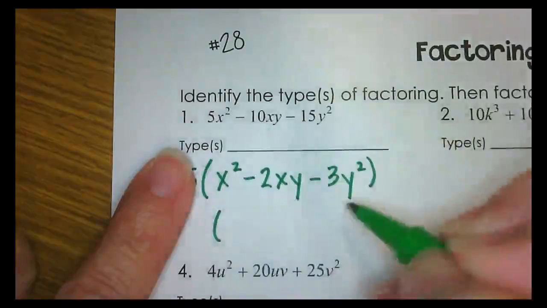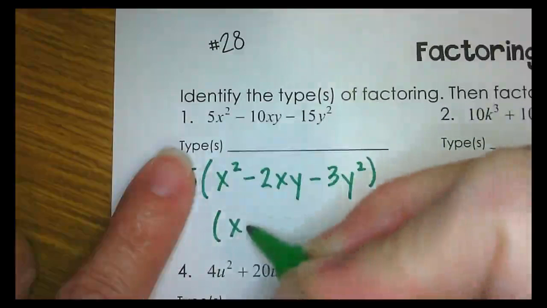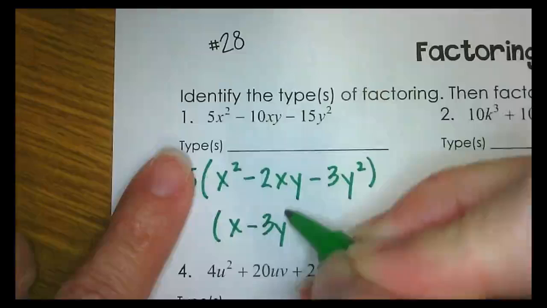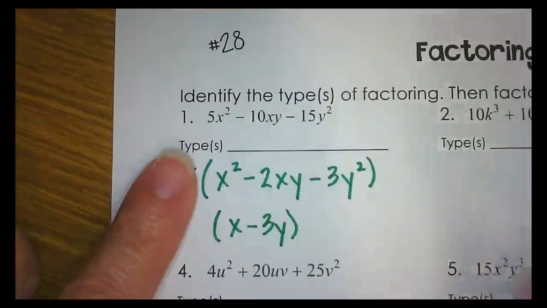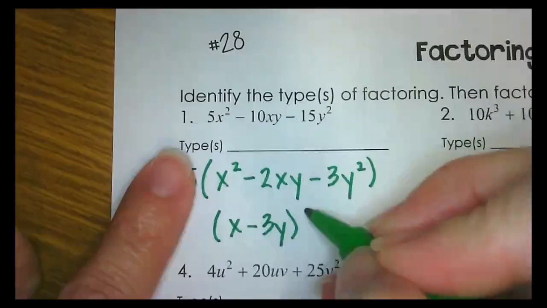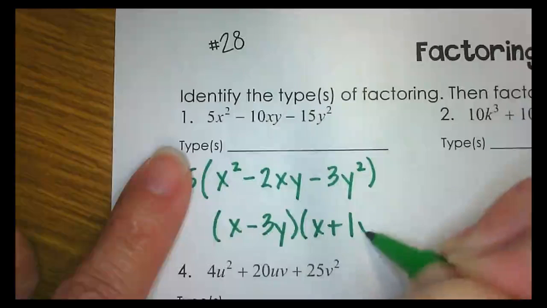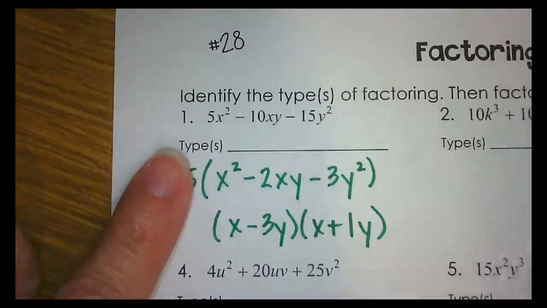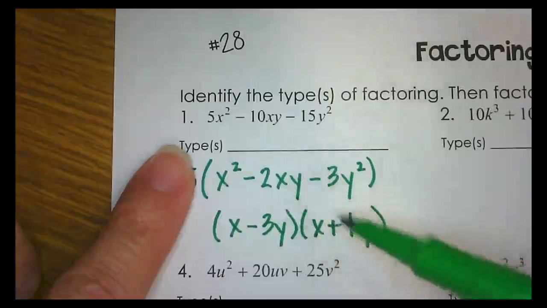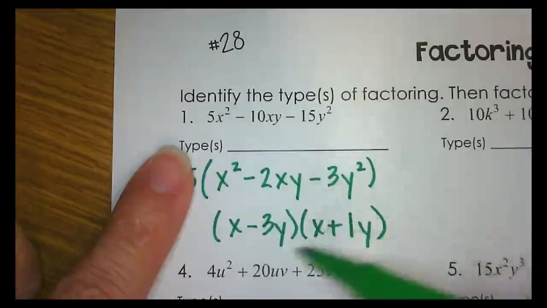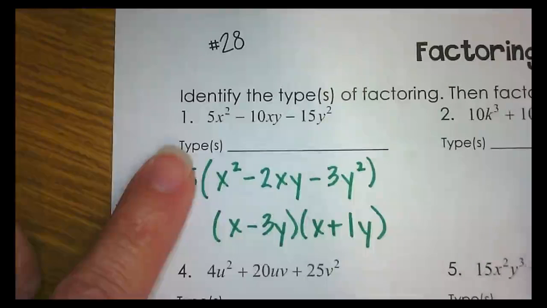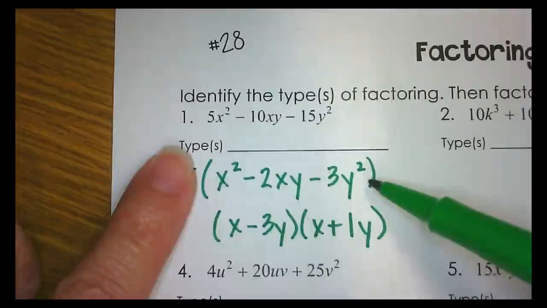So this trinomial is going to become x minus 3y. Don't forget about the y since we have a variable on both sides. And then x plus 1y, and you don't need the 1, but I'm just writing it to make the point. So if I were to multiply these binomials back together, I would get that.